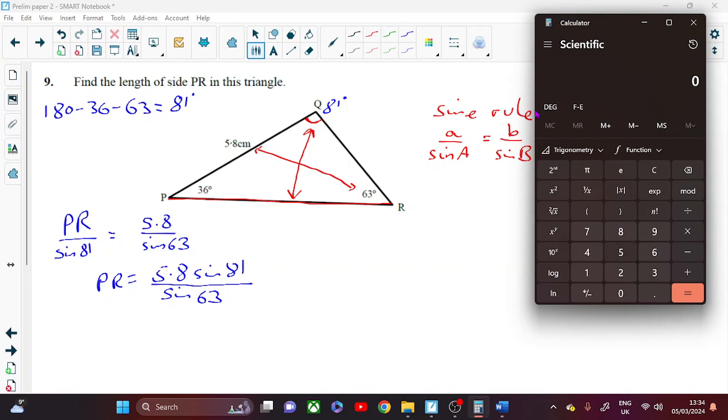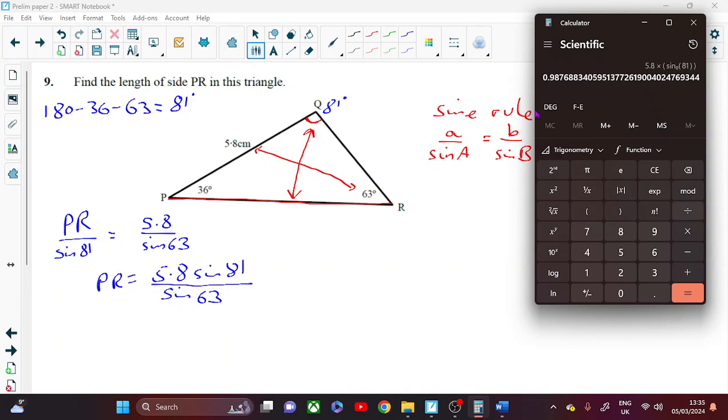Right, 5.8 times, I need brackets, my 81, and it's the sine of my 81. We're not doing inverses here.